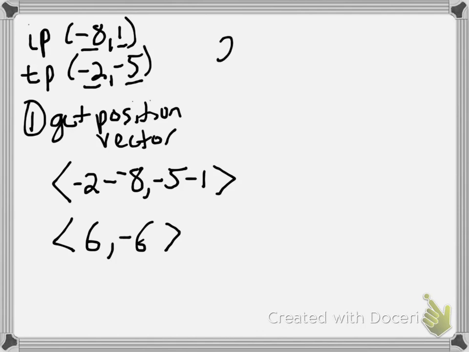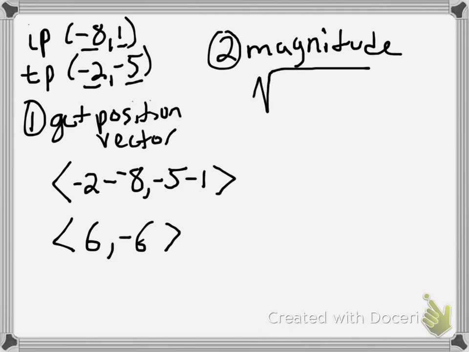Now, step 2, we can find our magnitude. Remember, your magnitude is also the length of the line. So the formula is the square root of our x value from here, squared, plus our y value from up here.